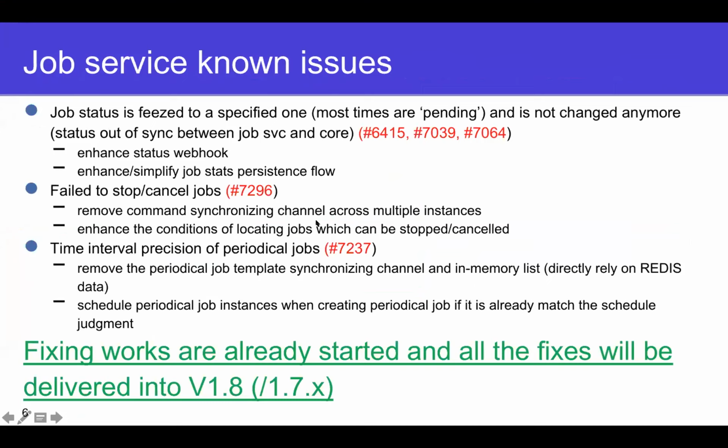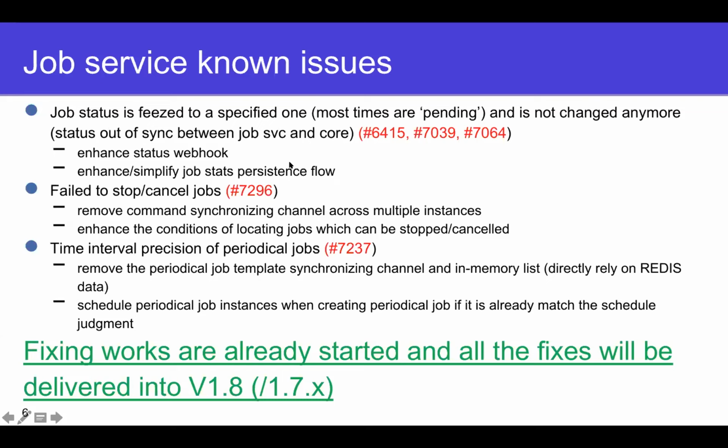Next part is about the known issues of the job service. In the GitHub repo, we received several issues related to the job service. I want to tell the community that we have got the questions on the issues related to the job service.